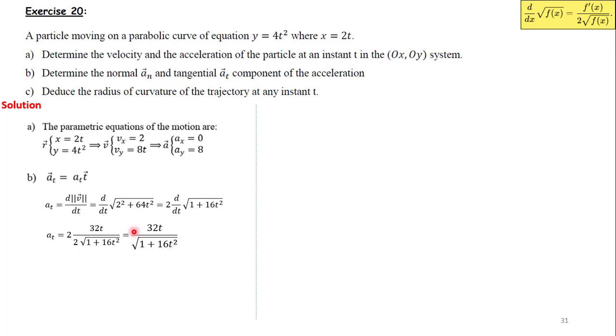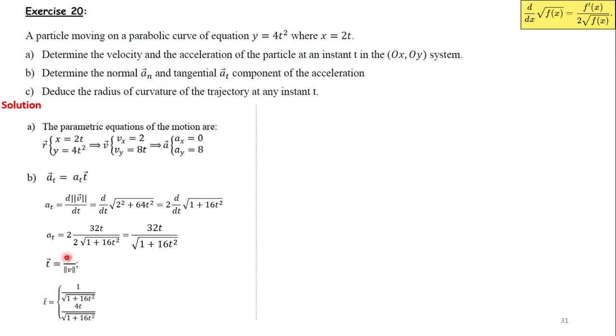So this is at, but what is tau, the tangential unit vector? So tau, we know that tau is equal to vector v over the magnitude of vector v. Why? Because simply vector v can be written as its magnitude times tau, okay? Because the velocity vector is tangential to the trajectory. So we can deduce the tangential unit vector.